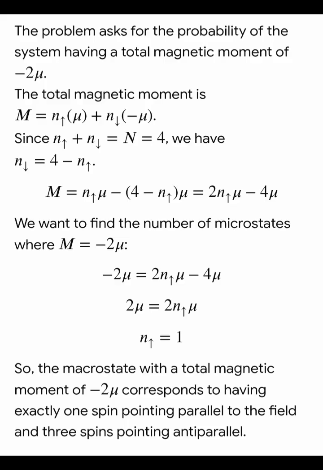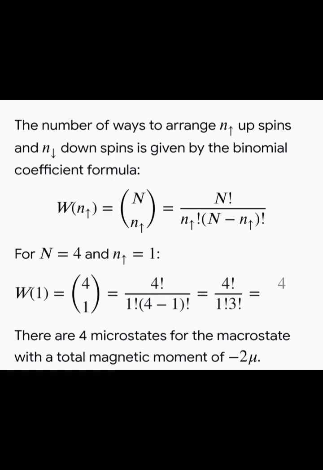So to get the total magnetic moment −2μ, we need to arrange three spins pointing anti-parallel and one spin pointing parallel to the field. Then the number of ways to arrange the up spins and down spins is given by the binomial formula, that is, W = N! / (n_up! (N − n_up)!).